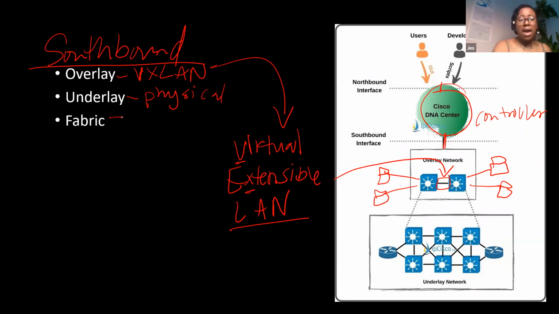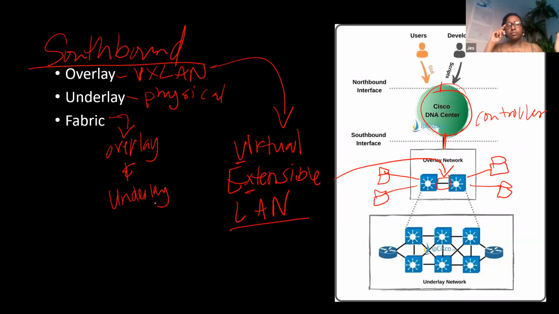So going into fabric, the fabric is the overlay and the underlay put together. That's all the fabric is, a combination of both the physical underlay and the logical view of the overlay. It's just a complete solution of this virtual and physical network.